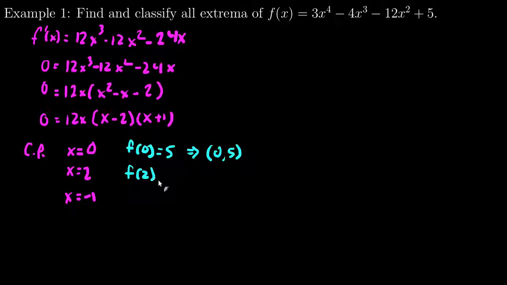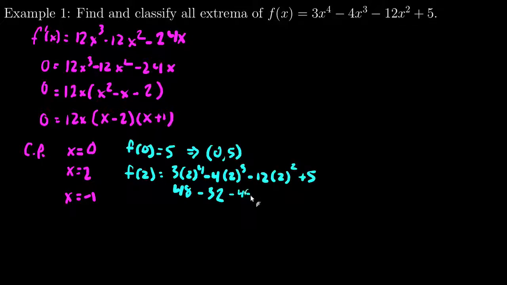F of 2, well, this is going to take a little bit more thought, so that's going to be 3 times 2 to the fourth minus 4 times 2 cubed minus 12 times 2 squared plus 5. 2 to the fourth is 16 times 3 is 48. 2 cubed is 8 times negative 4 is negative 32. 2 squared is 4 times negative 12 is negative 48 plus 5, and that will equal negative 27. So this gives me the point 2, negative 27.